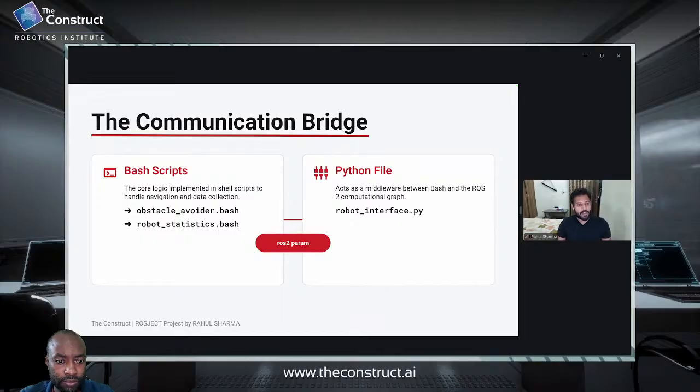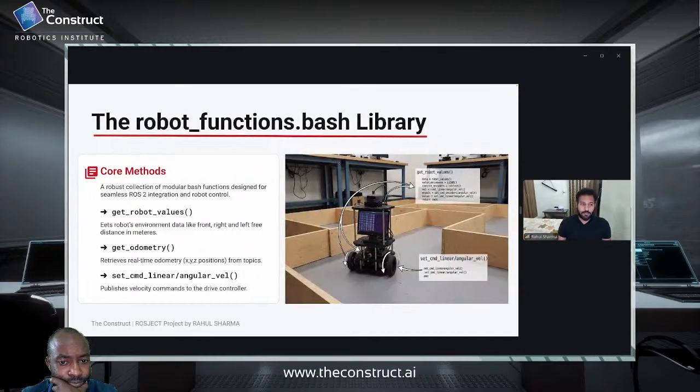We have created bash scripts that will communicate with the Python file, which sets the parameters and topics to communicate with the robot. And this is our robot functions dot bash library, which I was talking about in the part two project. The core methods are the getters and setters.